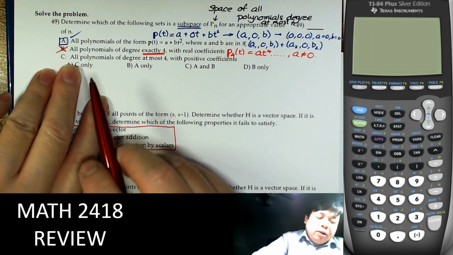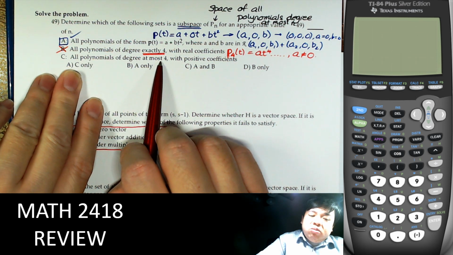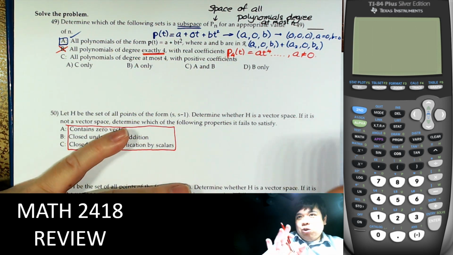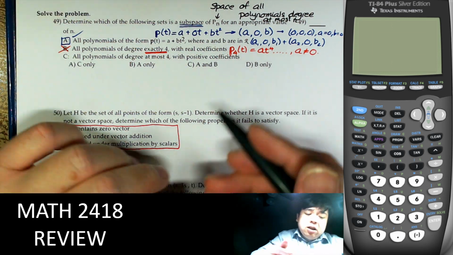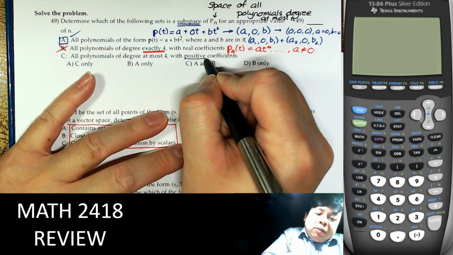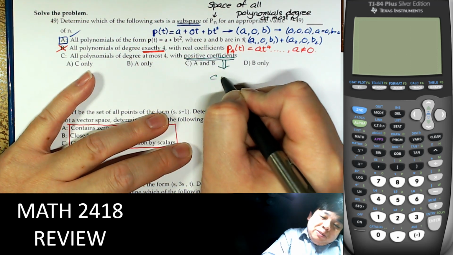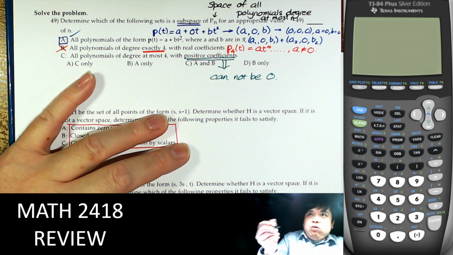Next. All polynomials of degree at most 4. That's okay, at most 4 could be 4 or less, so potentially 0 is in there. But it has all positive coefficients. If the coefficients are positive, it cannot be 0, and we have to have a 0 vector in there.